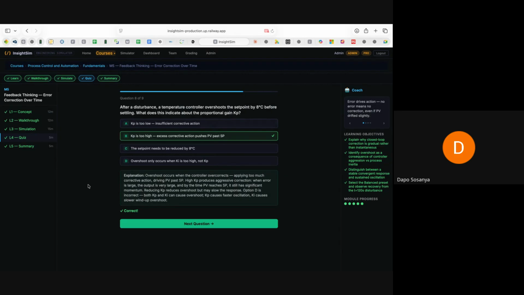So the overshoot occurs when the controller overcorrects, applying too much corrective action, driving PV past SP. High KP produces aggressive correction. When error is large, the output is large, and by the time PV reaches SP, it still has significant momentum. Reducing KP reduces overshoot, but may slow the response. Option D is incorrect. Both KP and KI can cause overshoot. KP causes faster oscillation. KI causes slower wind-up overshoot.